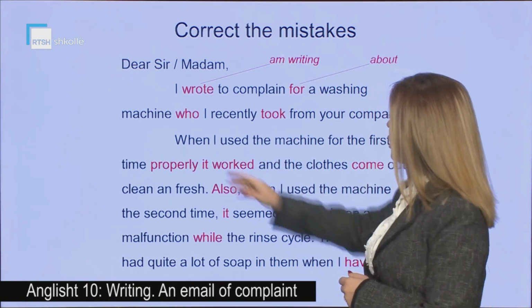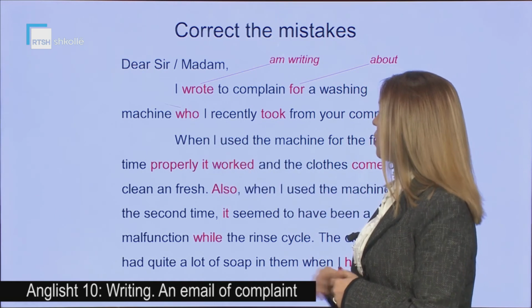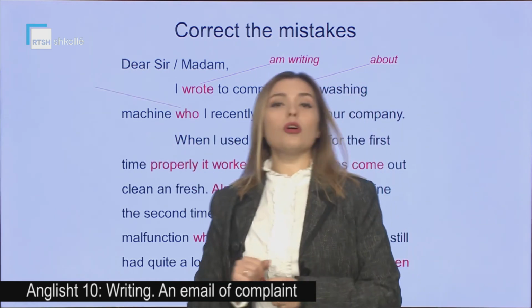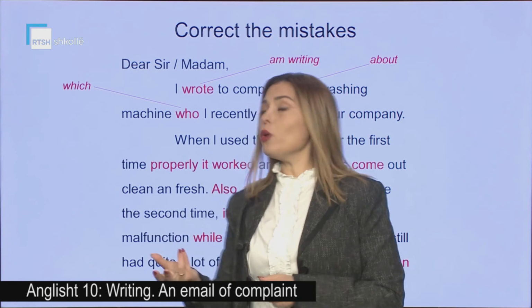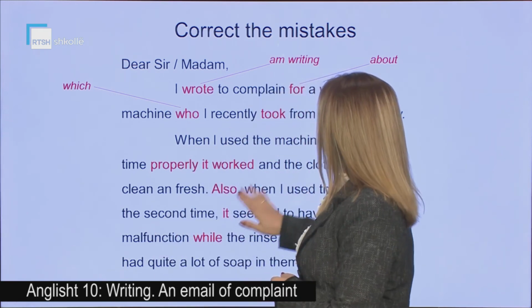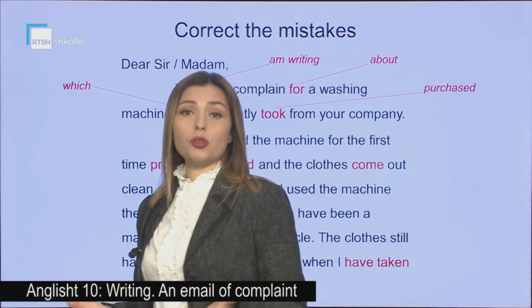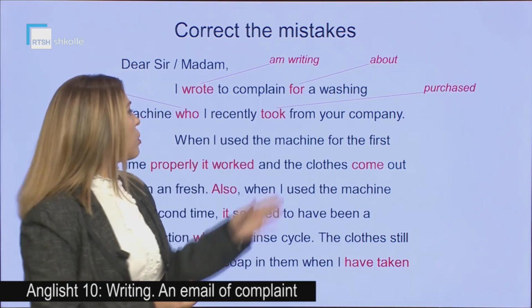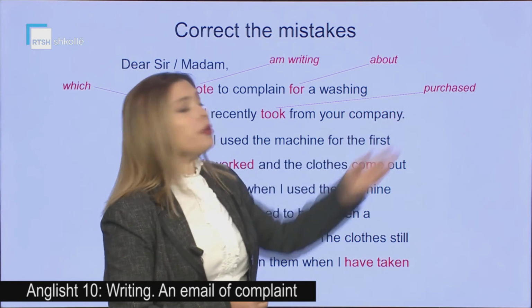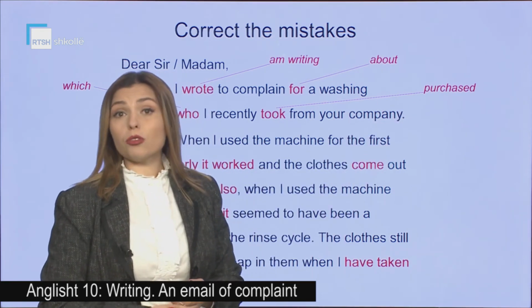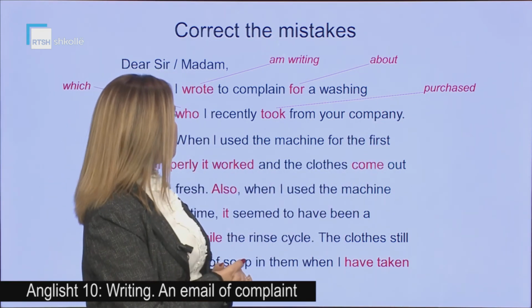A washing machine. It is an object. So a washing machine, which, of course, I recently took from your company, but we have to use a much more advanced vocabulary. Something that I purchased, that I bought from your company.